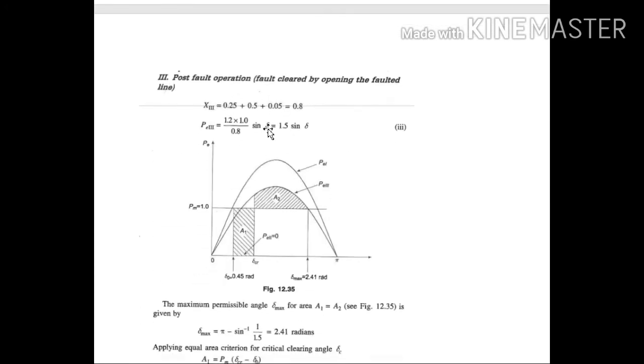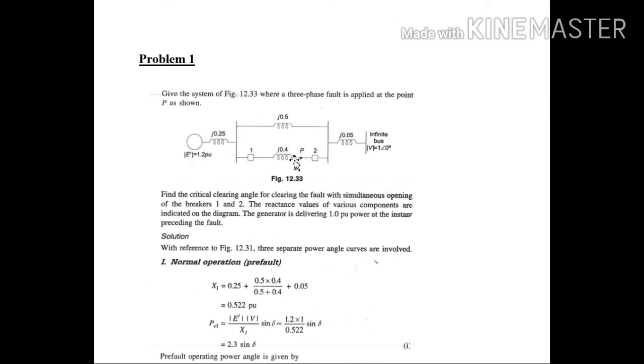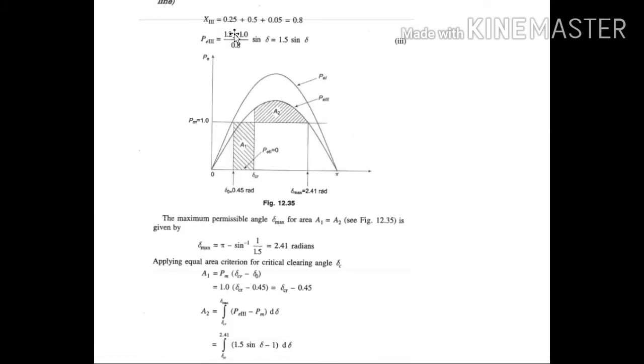Then third is the post fault, that means when the fault has been cleared. What you observe is that the total reactance will be the series combination of these three reactances, right? So we got this value as 0.8. Therefore, the expression for PE3, after substituting these values, we obtain 1.5 sin del.